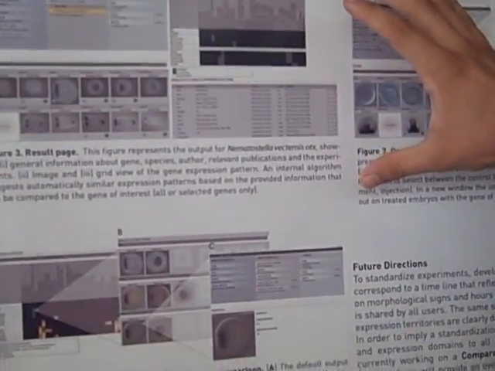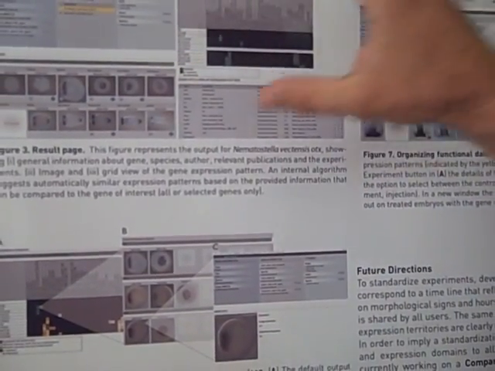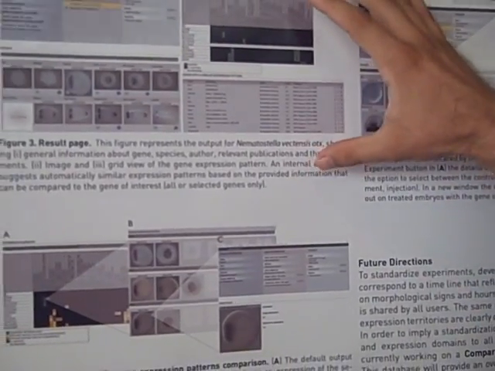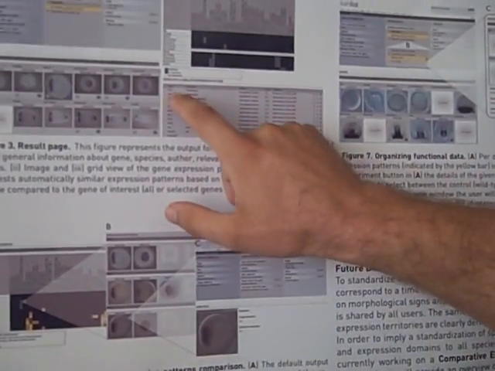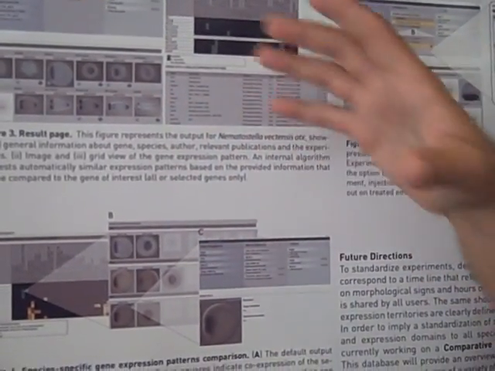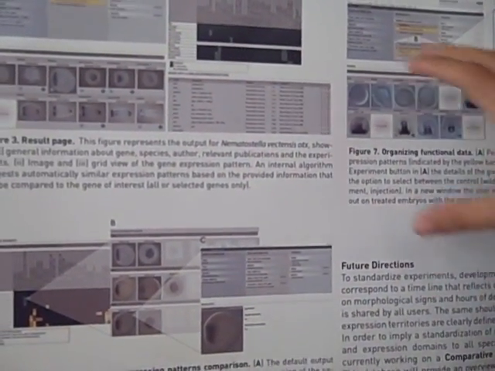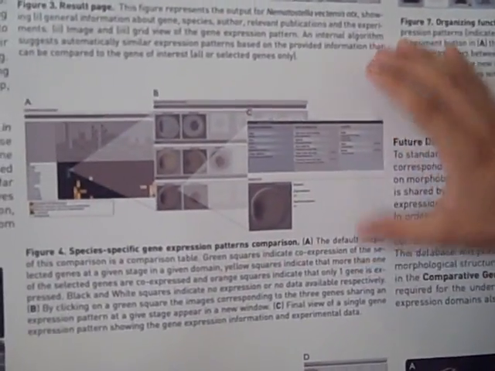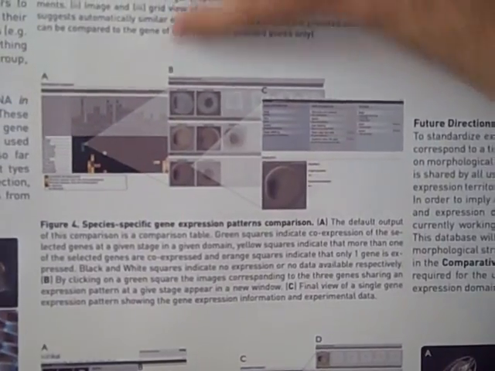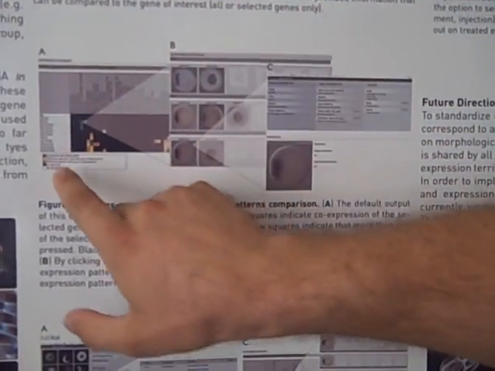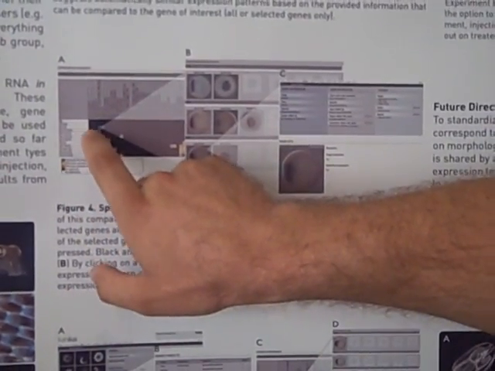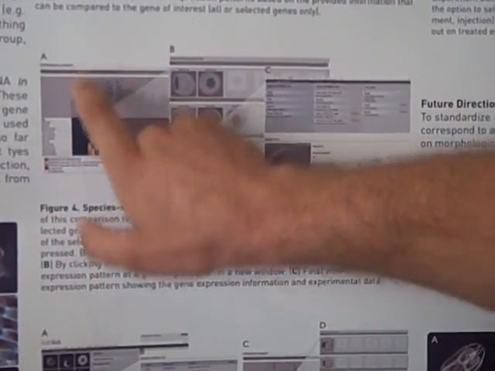Based on the information added by users, the database also suggests genes which have a pretty similar expression pattern. In this case, OTXC and OTXA have a strong similarity to that expression pattern. In the next figure, we select those two genes and compare them to the initial query, and you get a grid view where the green squares show that all three genes are expressed at that stage in exactly the same domain.